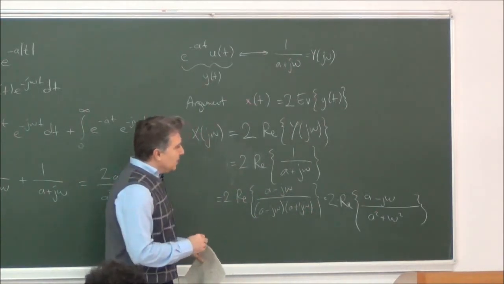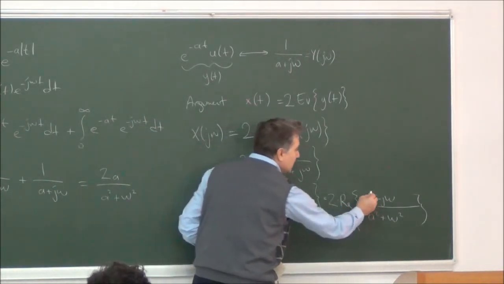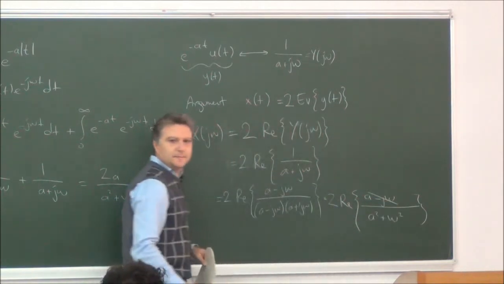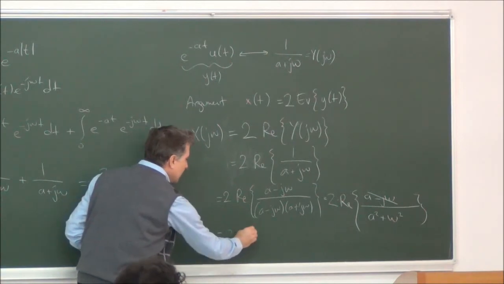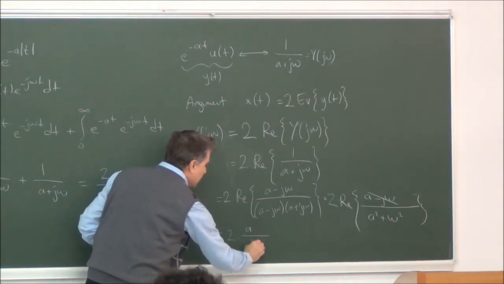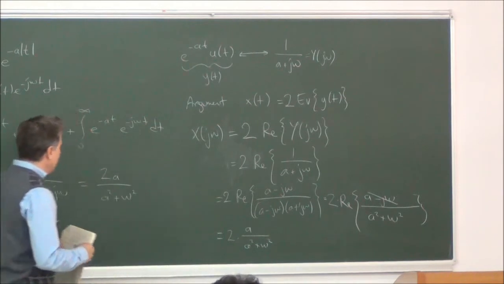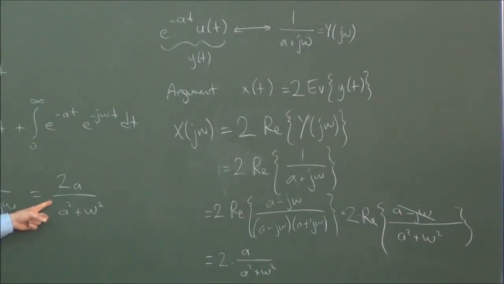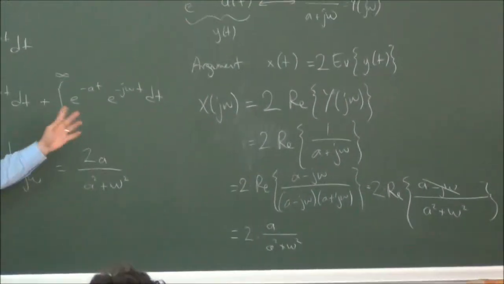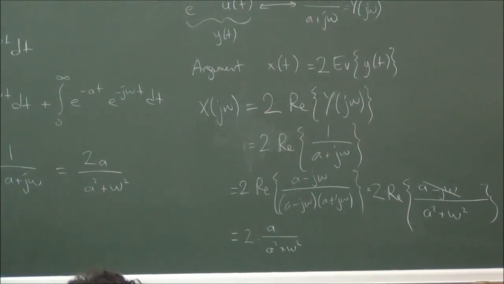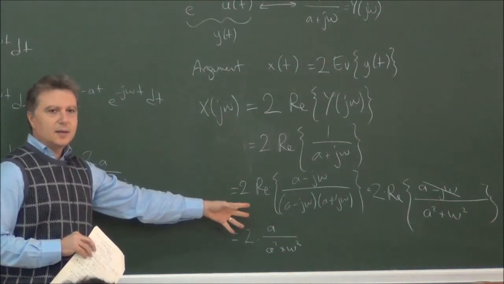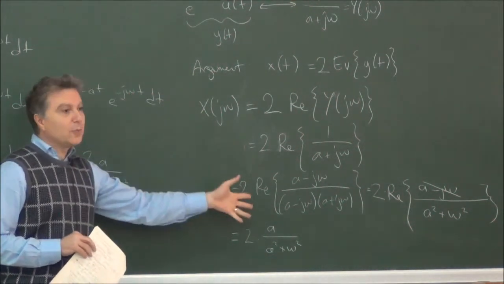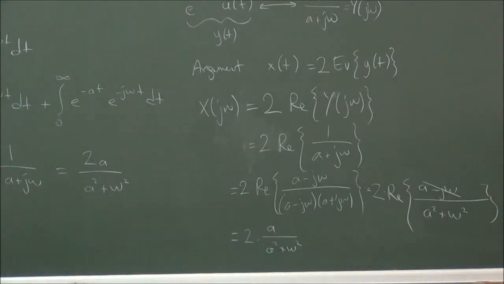And by taking the real part, this j omega portion is gone, and it is 2 times a over a squared plus omega squared, which is the same as this. So you can solve the question like that as well. It's just a verification. Under some circumstances, this may be easier to attack. This may be an easy way to make your attack on the problem.